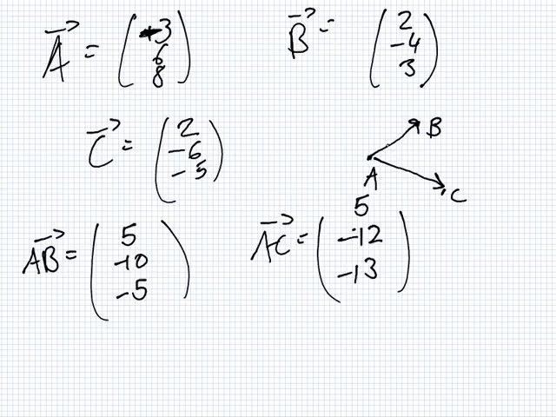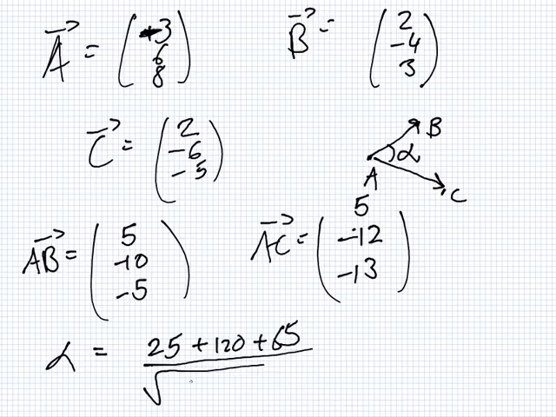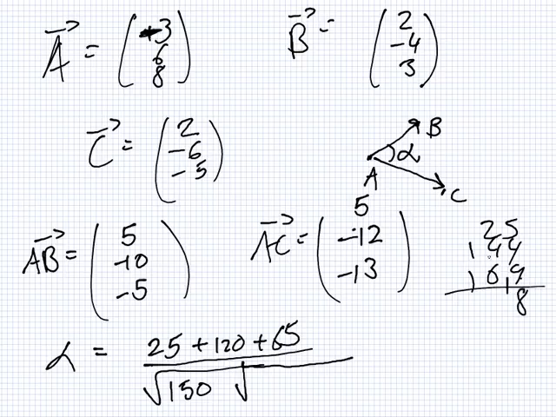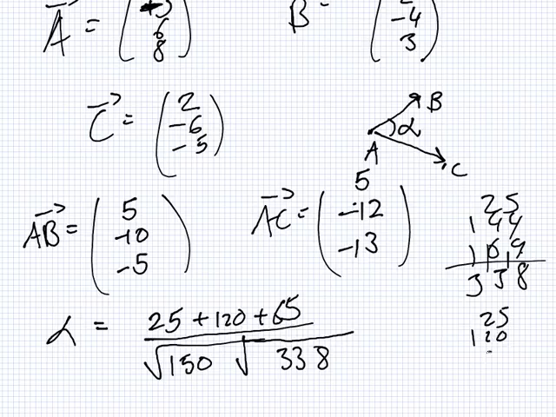And so the first angle, which we'll call alpha, equals the dot product, 25 plus 120 plus 65, over square root 150 times square root 338. 25, 144, 169 is 338. 25, 120, and 65 is 210.